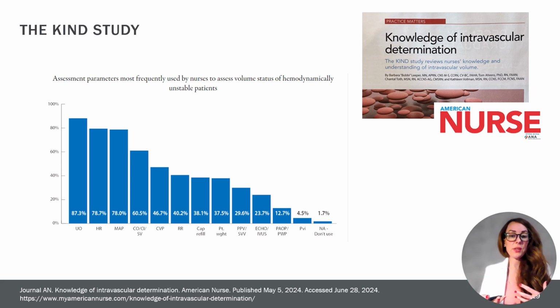It's going to be the nurse most of the time, in many of the units at least where I have taught, that are actually doing the dynamic assessment. And so really understanding what current practices are helps us level set to say, okay, this is what we're doing, and is there any room for improvement? Is what we're doing working for us? Are there outcomes that we want to pursue changing or improving, that sort of a thing, which is why the literature is so important.